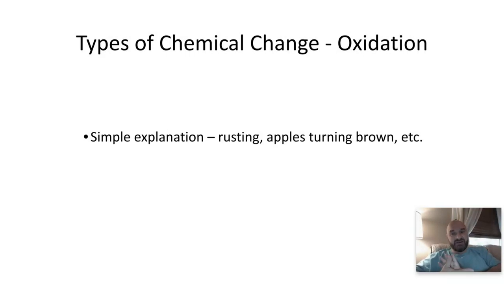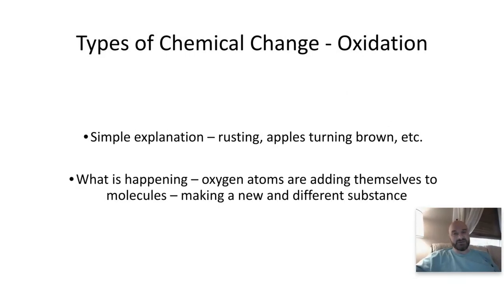So oxidation is when oxygen starts adding itself to a molecule and changing what the molecule is going to be. Oxidation is when oxygen attaches itself to metal and causes rust, and when oxygen attaches itself to something in an apple and turns it brown.